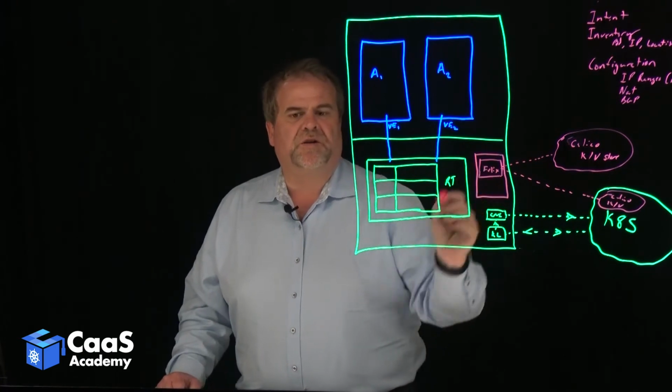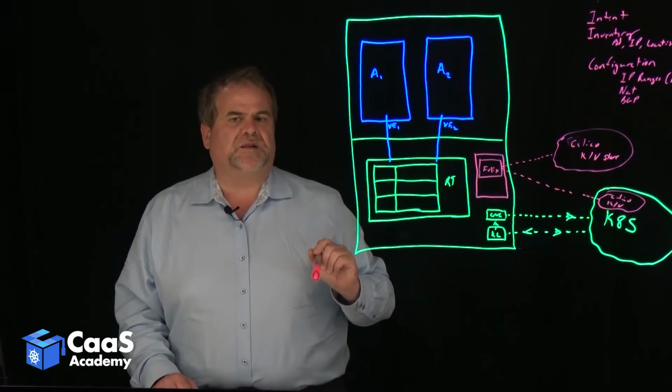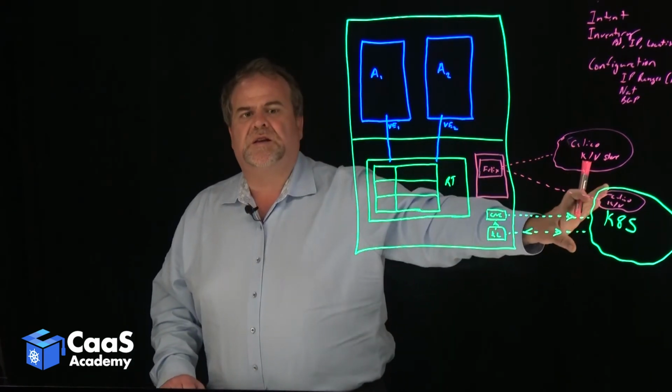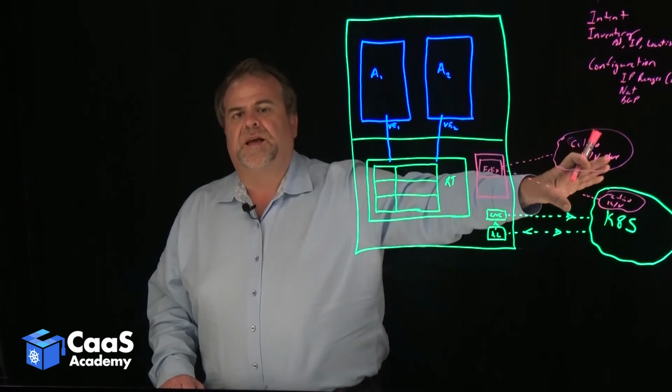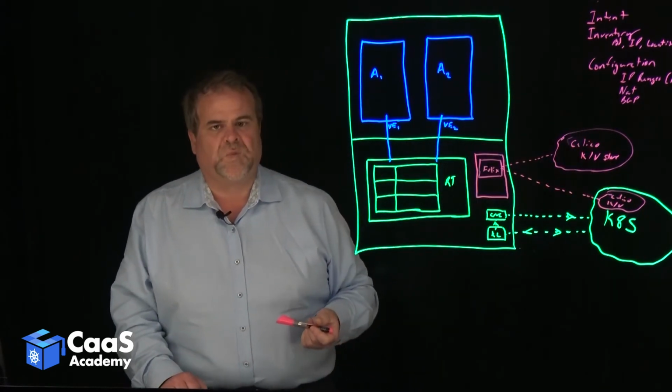The CNI plugin could have told Felix that directly. We're on the same host. But that sort of breaks the Kubernetes model of the source of truth being the Kubernetes API server and anything that hangs off of that, let's say Calico's dedicated key value store.